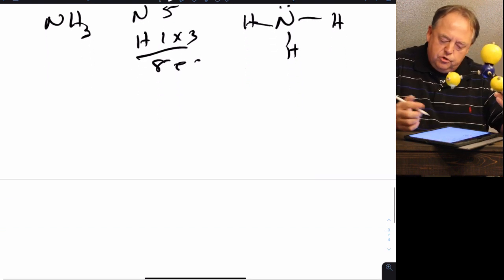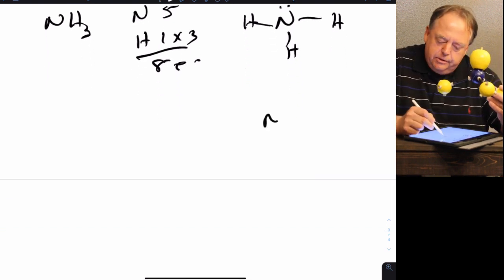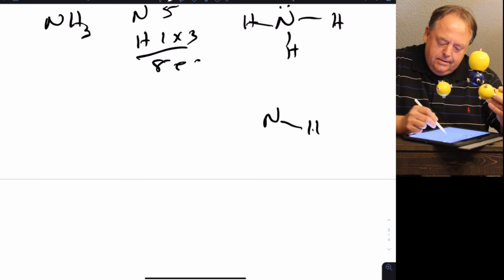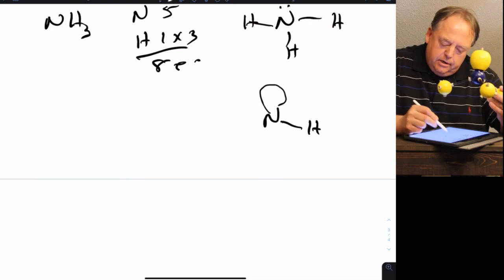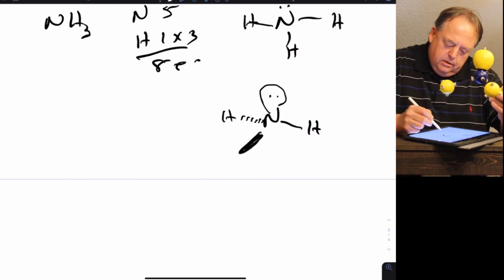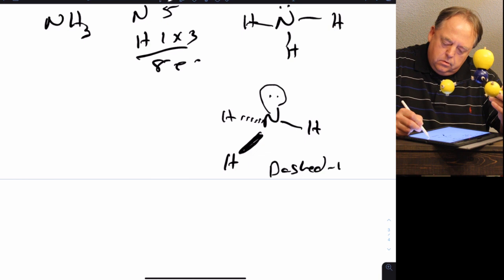So if we wanted to try to draw this in 3 dimensions on a 2-dimensional piece of paper, with the lone pairs there, we use what's known as a dashed wedge structure.